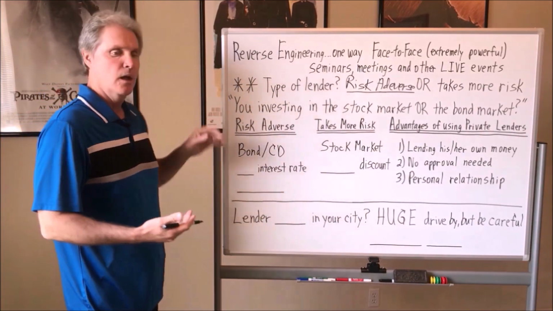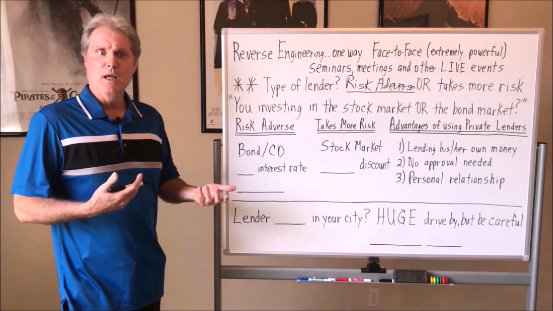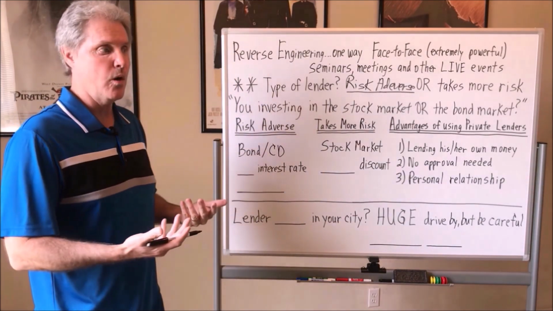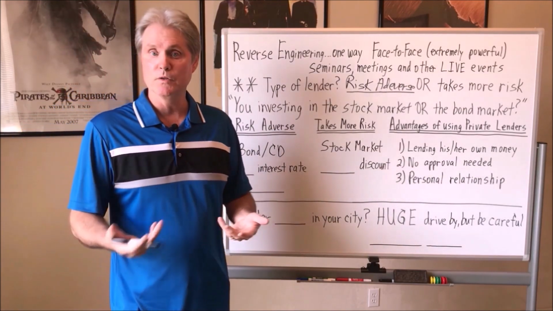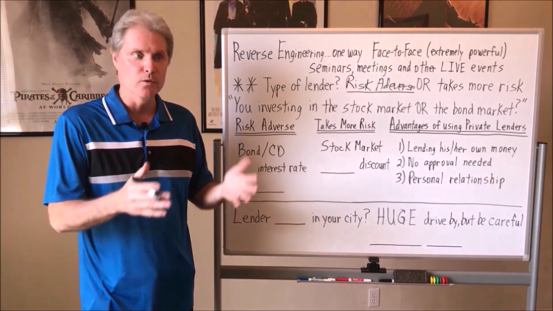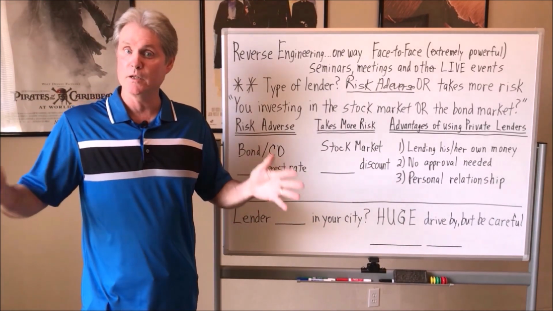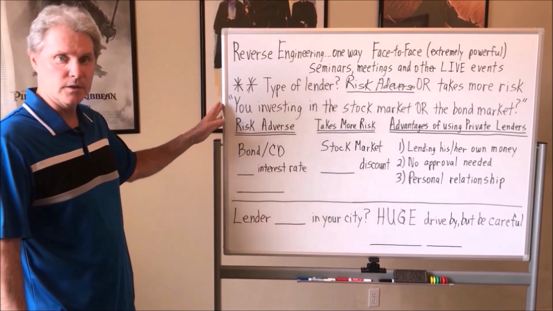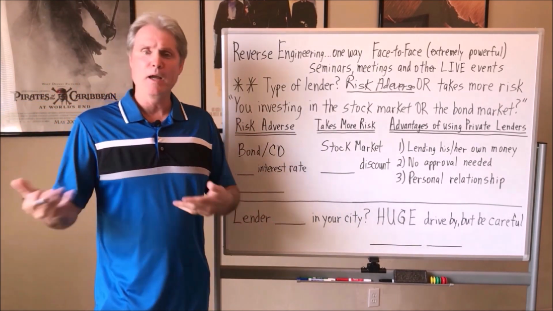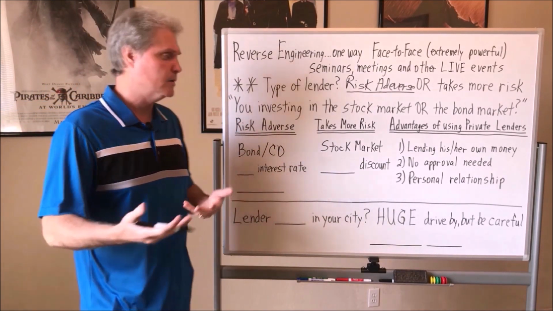You basically say, are you currently investing in, or do you normally invest in, the stock market? Or are you more interested in bonds and CDs, bank CDs? And you don't ask that right away. You wait until you're like 5 or 10 minutes into the conversation, then you ask them. So, hey, do you normally invest in the stock market or bank CDs and bonds, that type of thing?